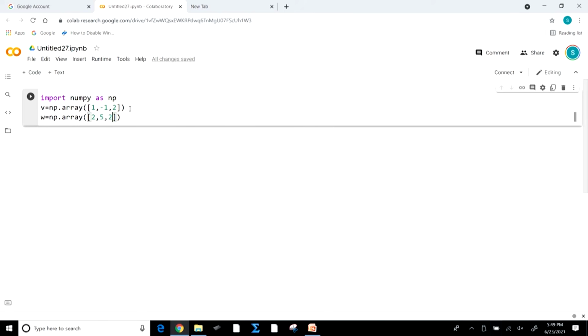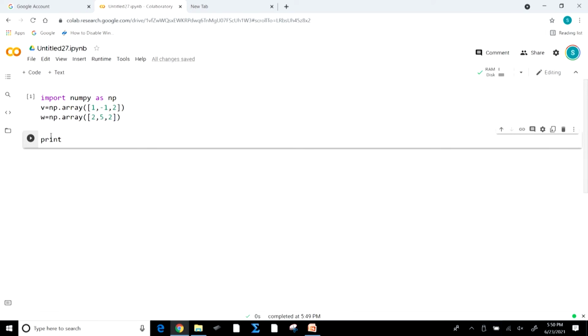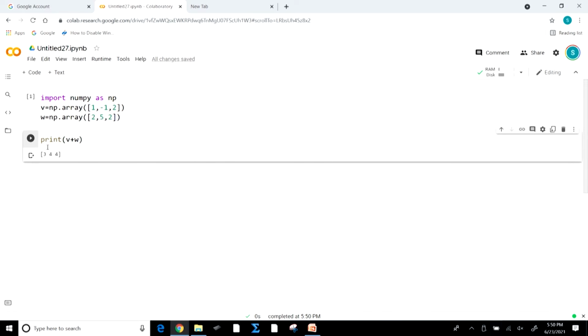Both of these vectors V and W are from R3. So, print V plus W will give you the addition of these two vectors. You can see 3 4 4: 1 plus 2 is 3, minus 1 plus 5 is 4, and 2 plus 2 equals 4.